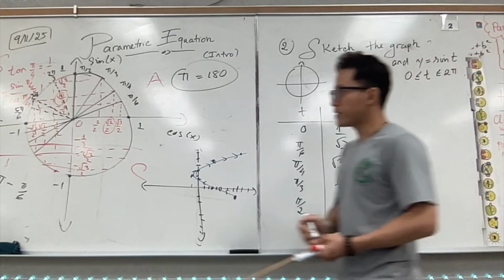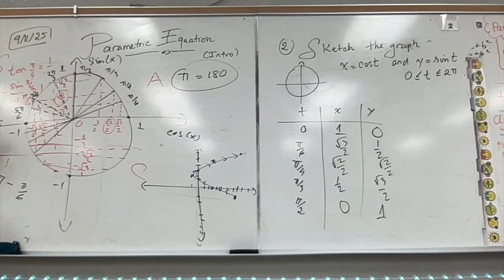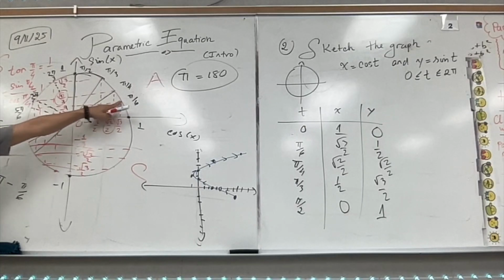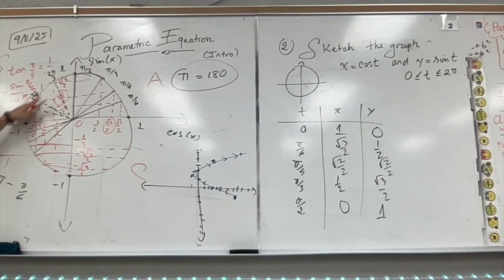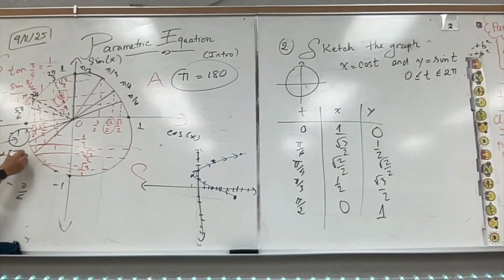I think the hard part is to figure out the rest of this. But they're all symmetric. Pi minus this, you got this. And how do you get this one? Pi over 6, you have 180. So how do you get this one? Pi over 6 plus pi, because you add another 180 degrees. So pi over 6 plus pi is 7 pi over 6.